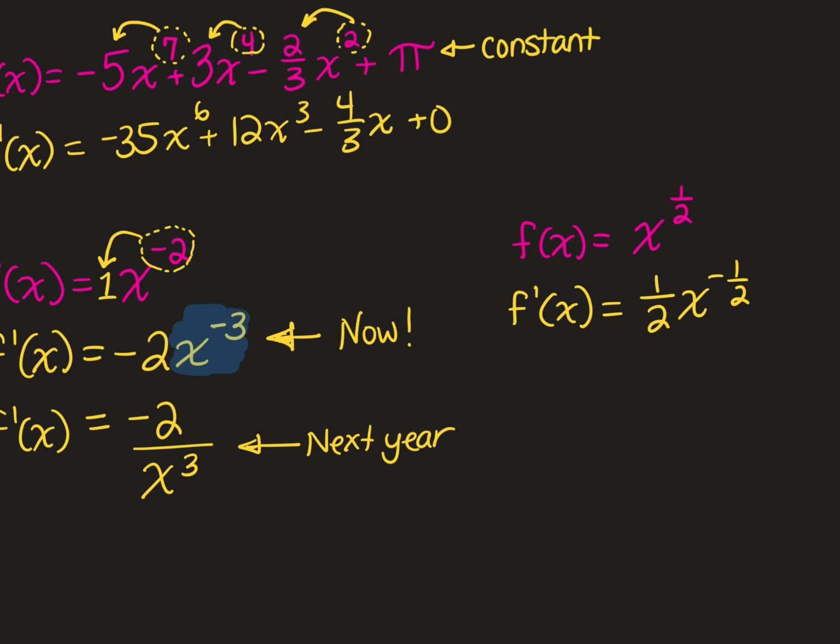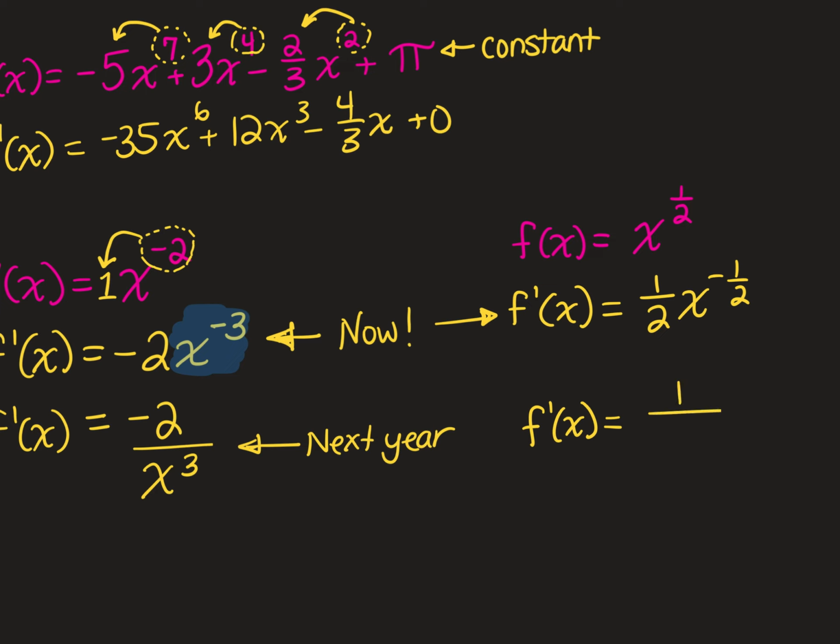Now again, if you can get to this point now, I'm really happy. But on Monday, we talked about not only negative exponents, but what a fractional exponent represents. So what I'm going to do is just rewrite this. If you can figure out how I got here, awesome. If you can't, I don't want you to worry about it right now. If you can get to that line, you're in really good shape.